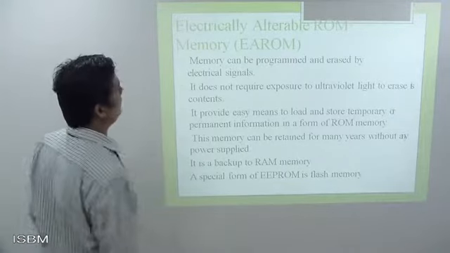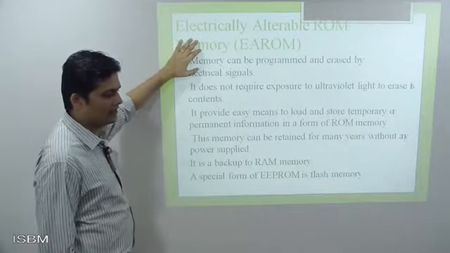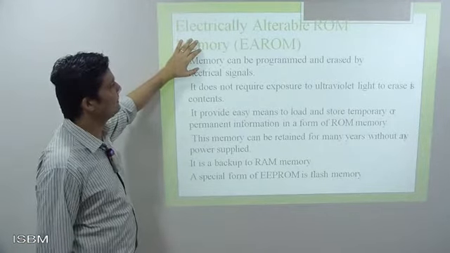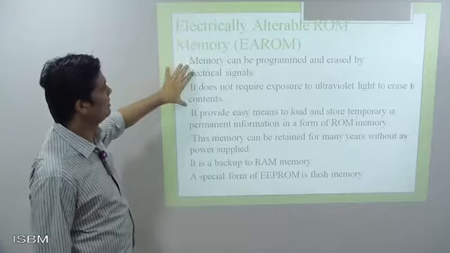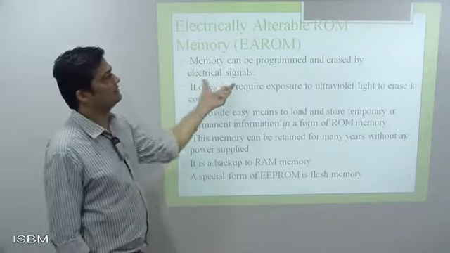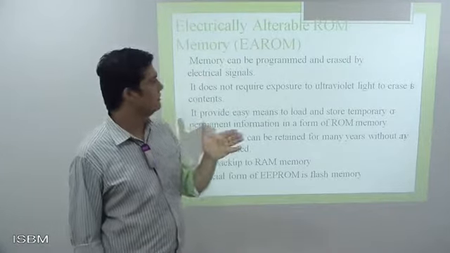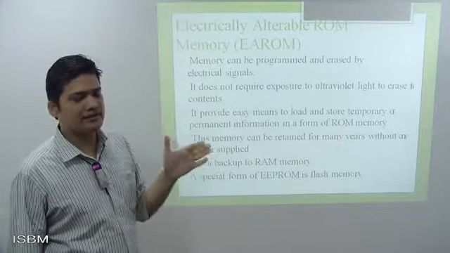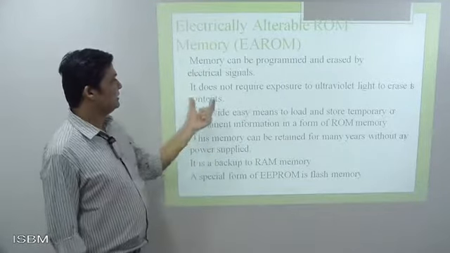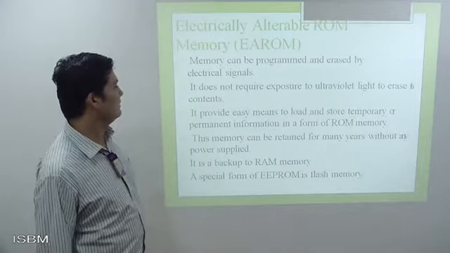Electrically alterable ROM is another type of ROM. The memory can be programmed and erased by electrical signal. With the help of an electrical signal, it erases the data that has been written there. It does not require exposure to UV light to erase its contents.